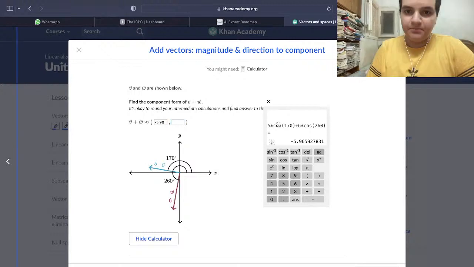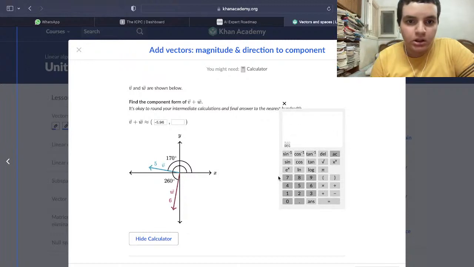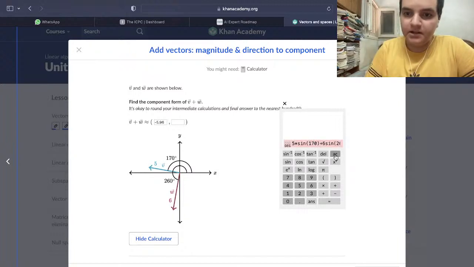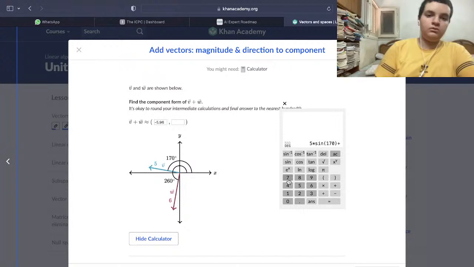And we do the same thing here. Okay, so we do 5 by sine 170 plus 6 sine 260. Yeah. This calculator is not good at all, but it's what we'll work with.